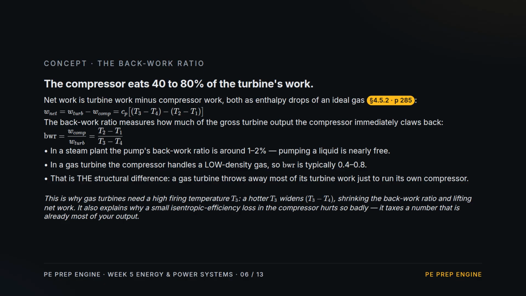In a gas turbine, the compressor squeezes a low-density gas, so the back work ratio runs 40 to 80%. That is the structural difference. A gas turbine throws away most of its turbine work just to drive its own compressor. It is also why these machines fire so hot. A higher turbine inlet temperature shrinks the back work ratio and lifts net work.